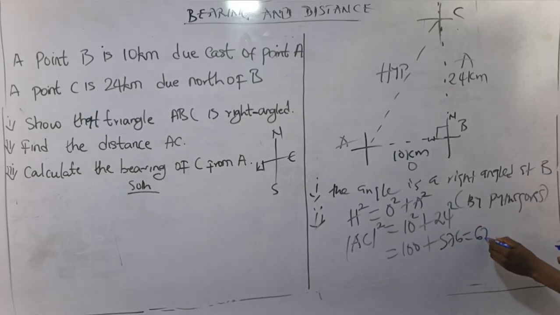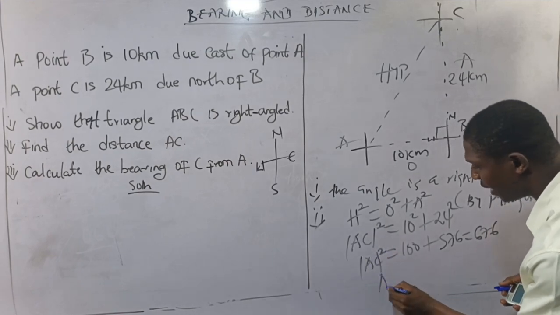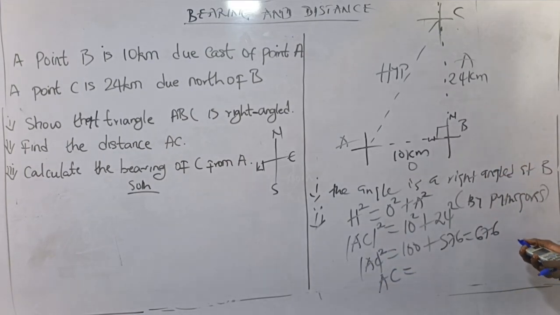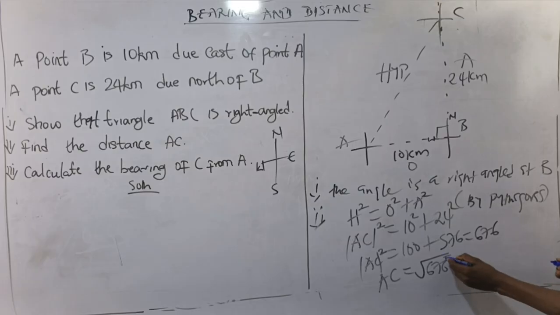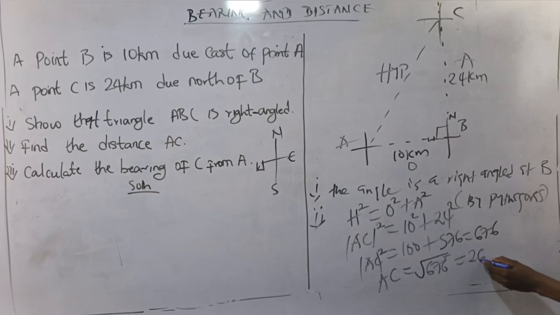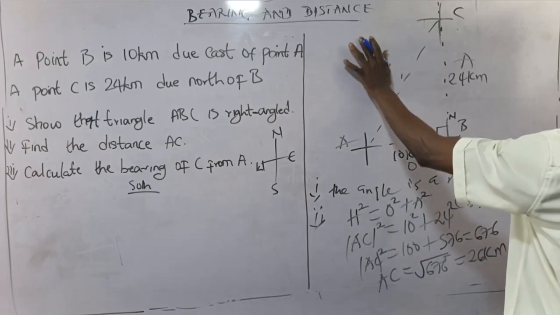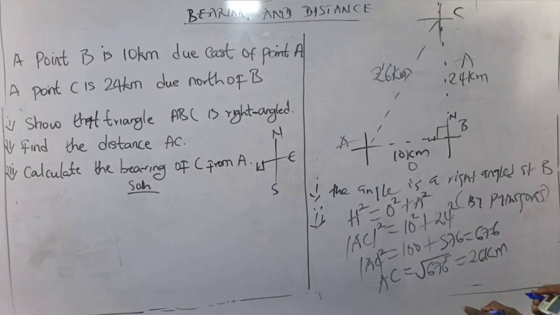And if I add up, I'll have 676. And my AC will be equal to the square root of 676, which will give me 26. Which units? Kilometers. So this side AC is 26 kilometers. Take note.